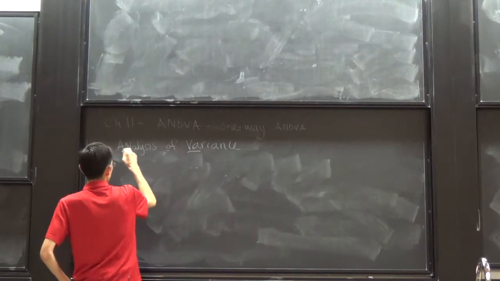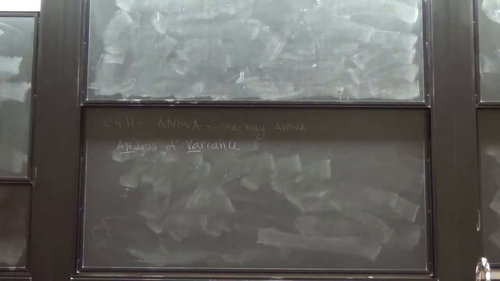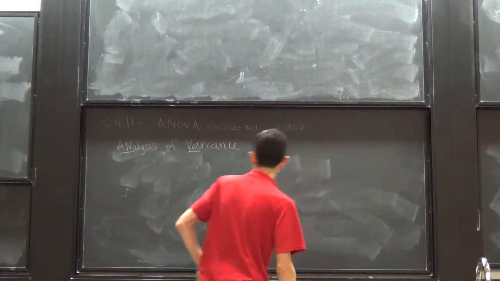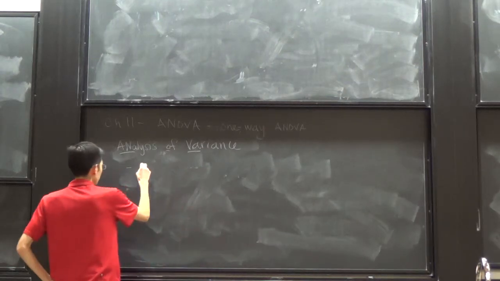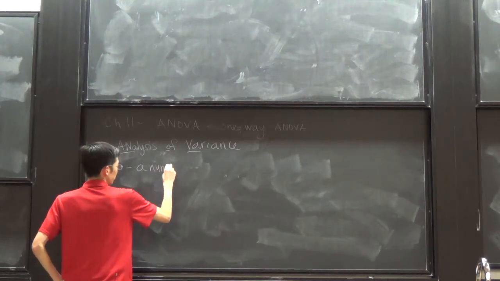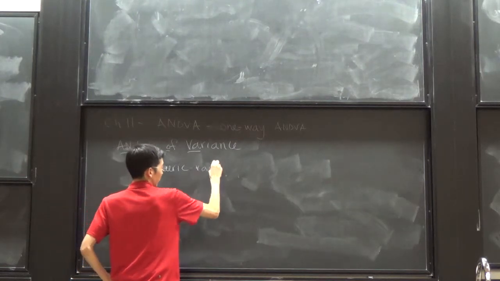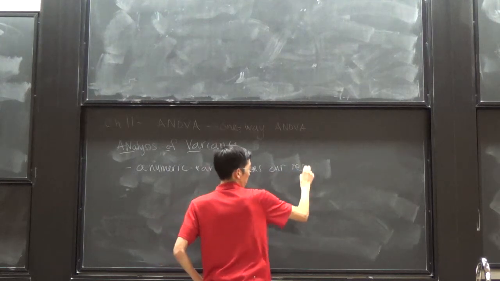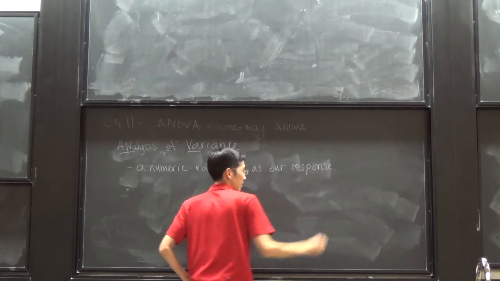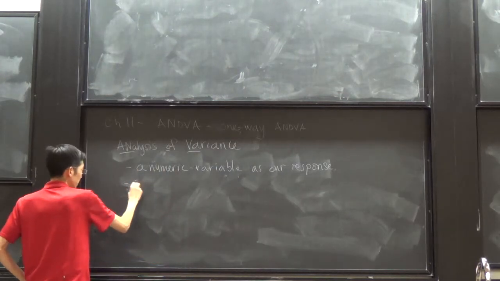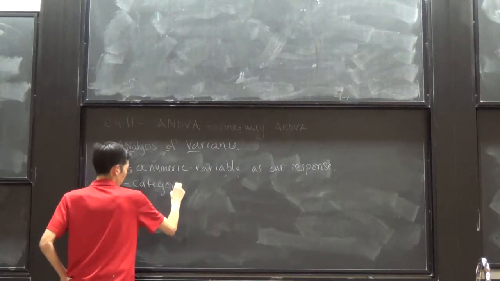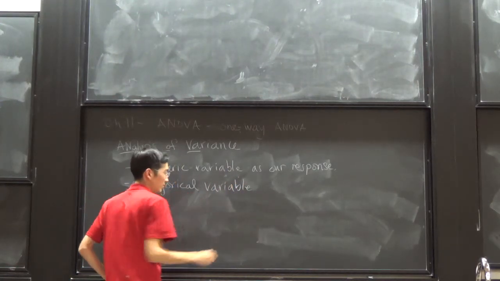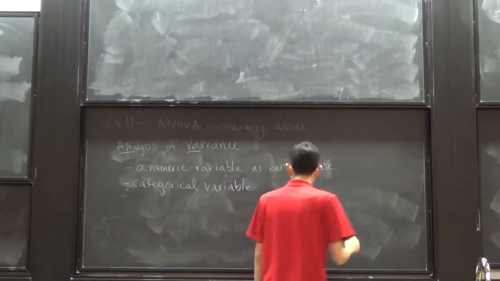We use this when we have a numeric variable as our response, and we have a categorical variable to make different groups.